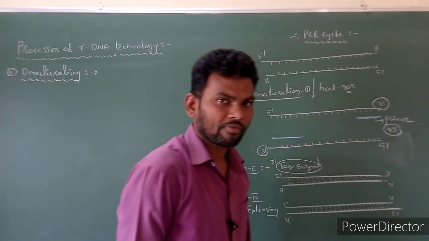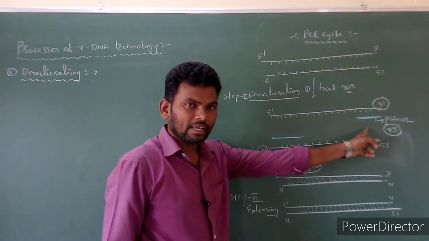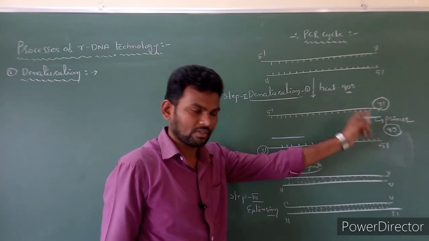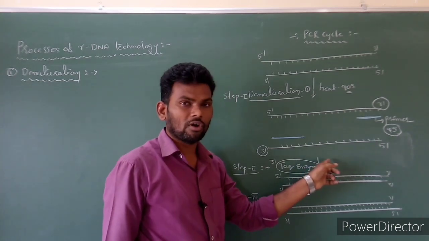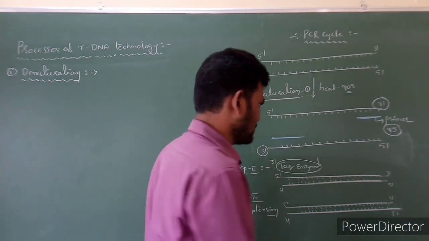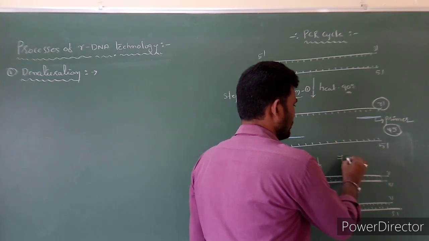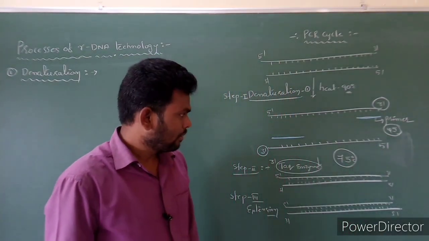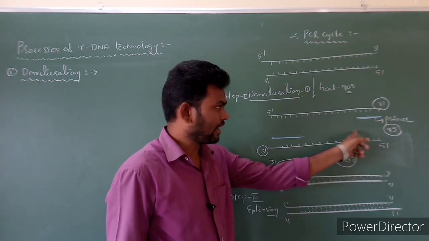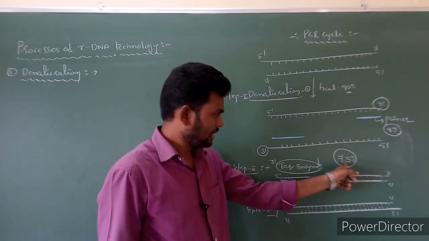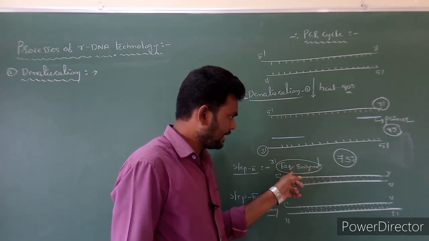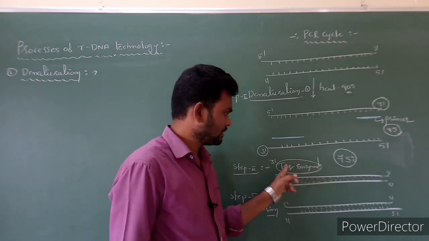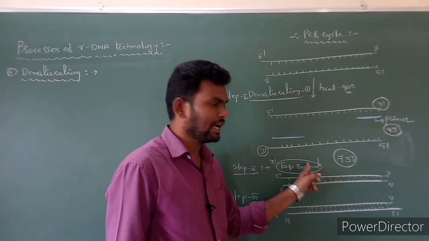This is the second step. After adding the primers, the third step is extension, nothing but polymerization. Here again we have to change the temperature to nearly 75 degrees. Optimum temperature is 75 degrees Celsius. By increasing the temperature from 45 to 75, what happens? We have already added Taq enzyme, Thermus aquaticus enzyme.